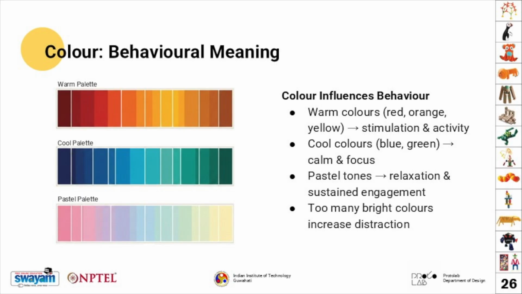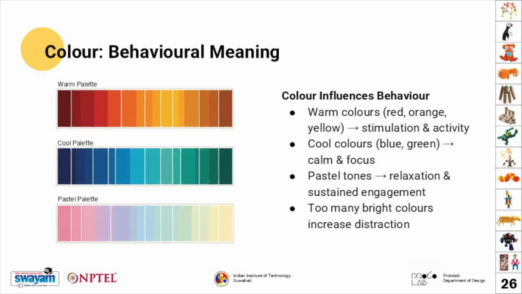Color specifically guides behavior. Children respond to color emotionally before they respond cognitively. Warm colors like red, orange, and yellow increase alertness and activity. They attract attention quickly and are useful for interaction points or action areas.